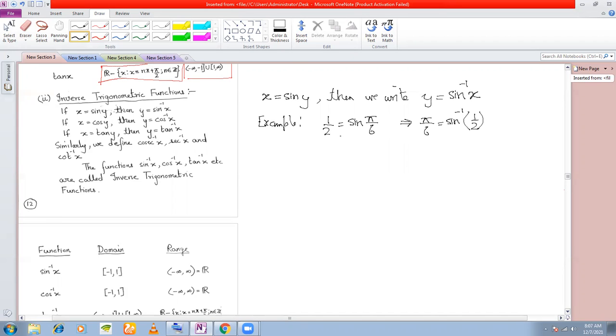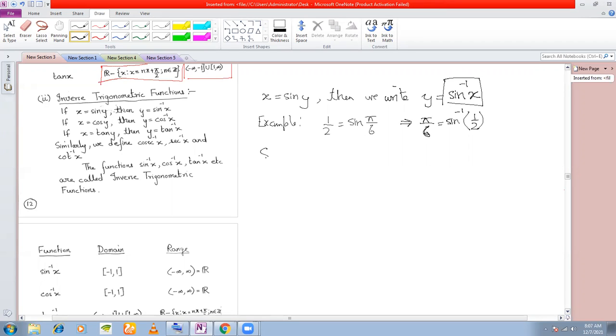So pi by 6 is equal to sine inverse half. This here, sine inverse x, these are called inverse circular functions, or simply inverse trigonometric functions. Either you can call them inverse trigonometric functions or you can call them inverse circular functions. Both will do. Okay.